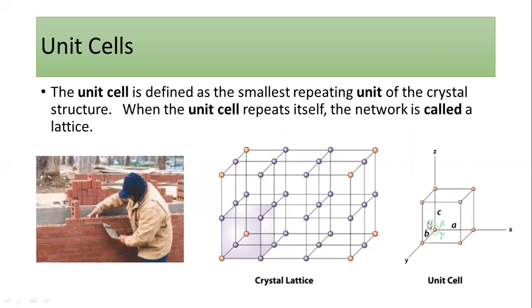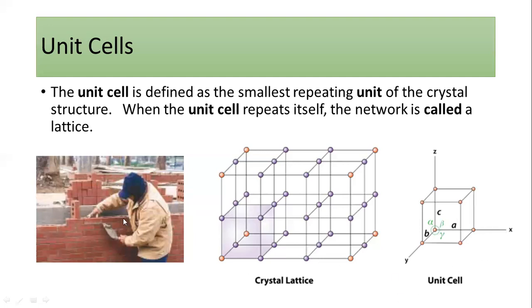This is the unit cell, and this is the crystal system. When the unit cell repeats itself, the network is called the lattice. Repeating these unit cells again and again forms the crystal lattice, and the smallest part of the crystal lattice is called the unit cell.